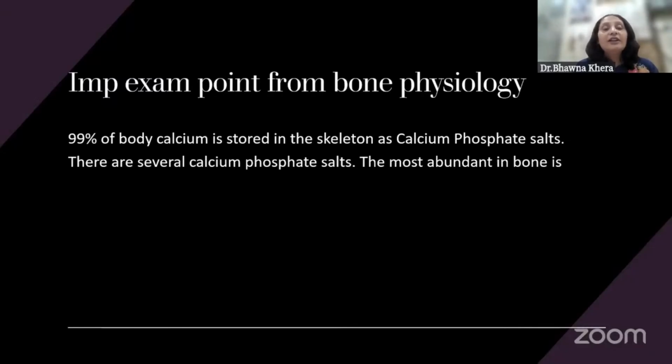There are several calcium phosphate salts, and the most abundant in bone is, you can answer in the chat. Yes, you are right, it is hydroxyapatite. This is a very important exam question.